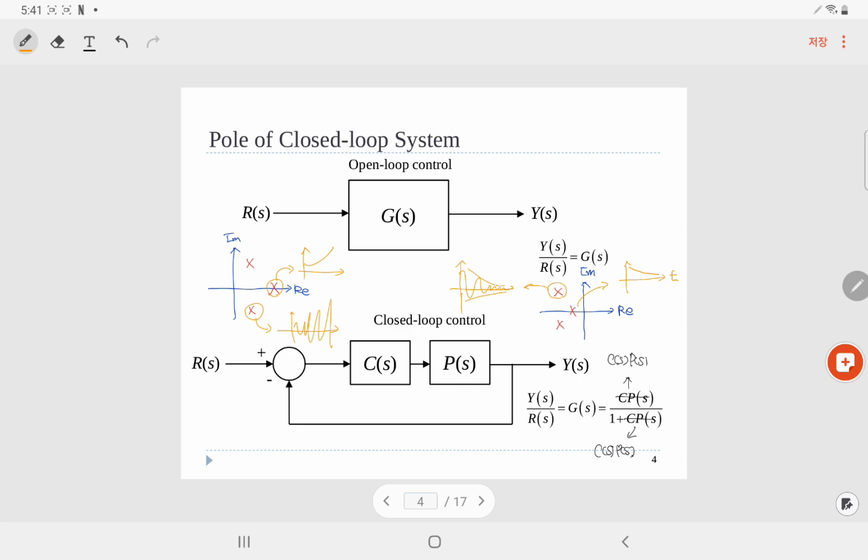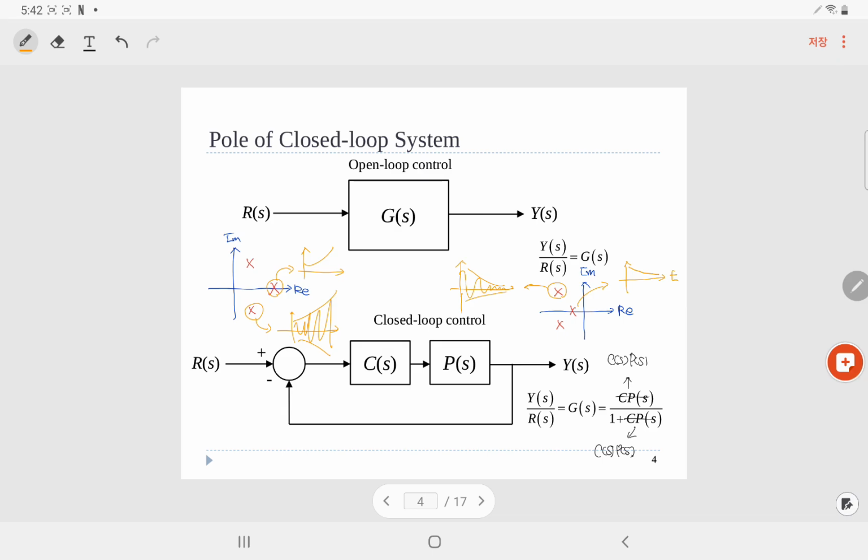This means that this pole will produce a pure exponentially increasing natural response, while these two poles will produce an exponentially increasing sinusoidal natural response like this. Then, in fact, we have to consider one more case.